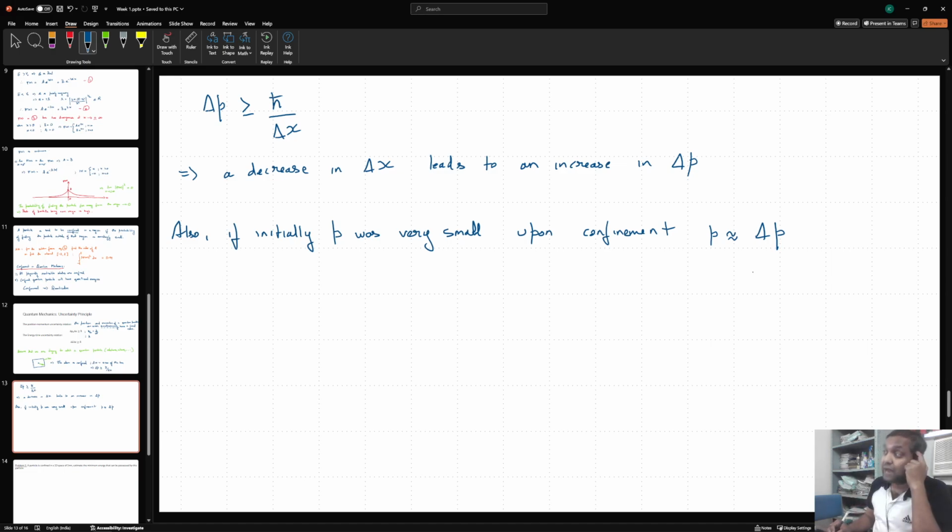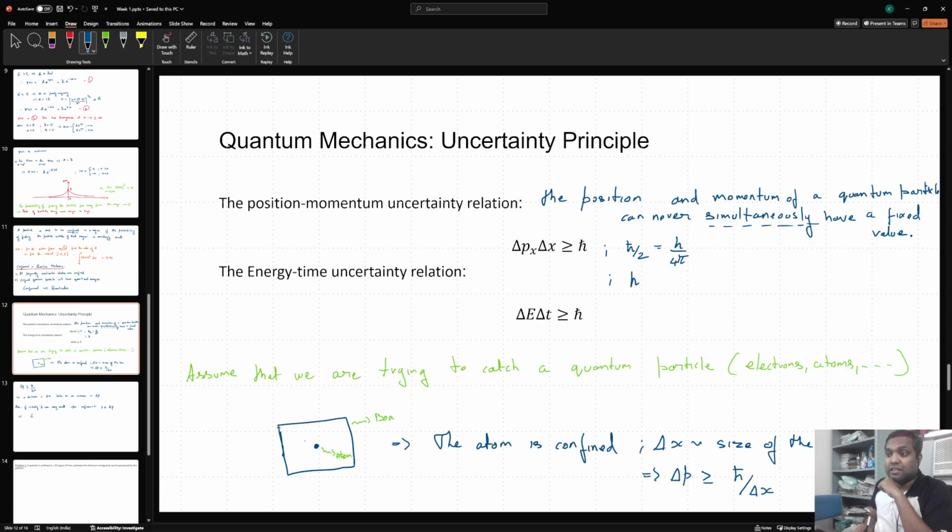So whatever my momentum is, it is supplied entirely through the uncertainty. That implies the energy of the particle. Let me also assume there is no potential inside this box, so inside this box V is equal to 0.